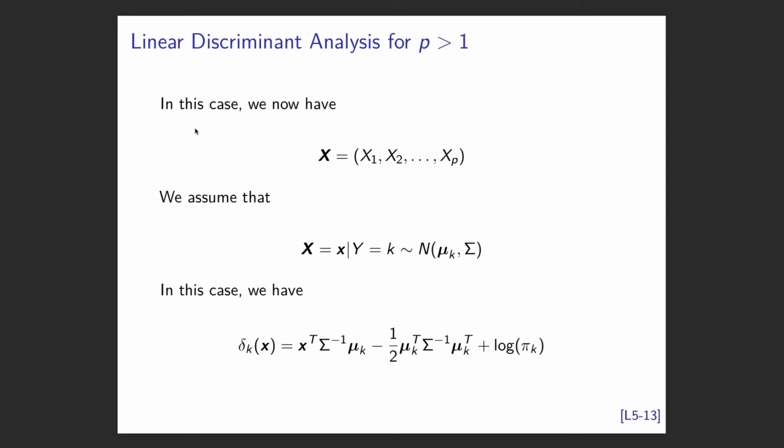So again, if it's 2-dimensional space, there's my normal for the first class, and this might be my normal for the second class, and this. But the only thing to notice is that the sigma's are all the same. So they're moving around, but they've all got the same elliptical structure. They've got the same variance covariance structure. So we're assuming that nice structure.